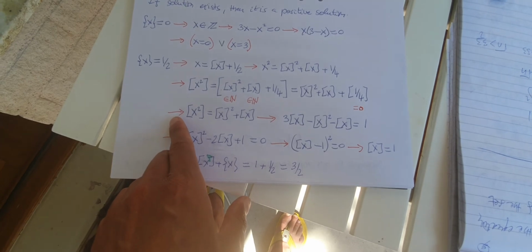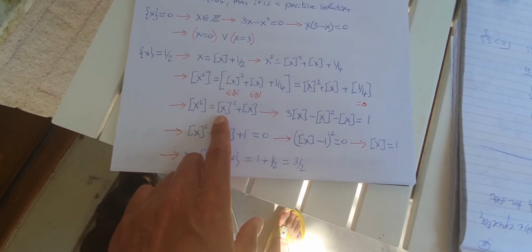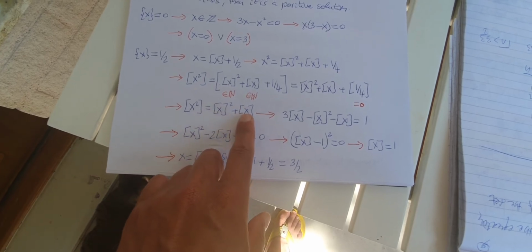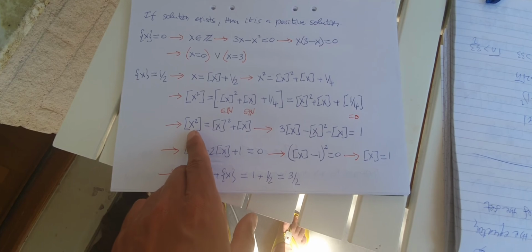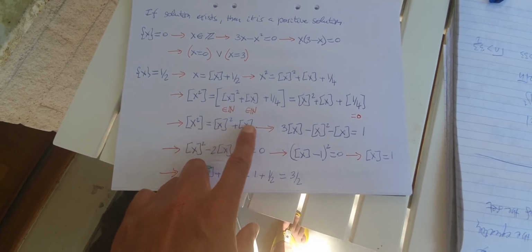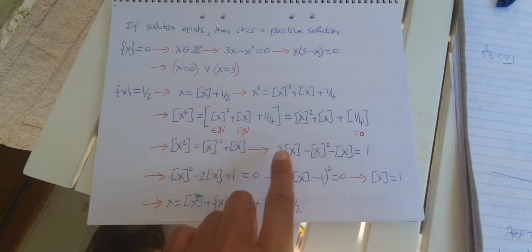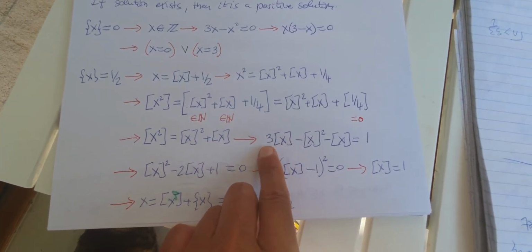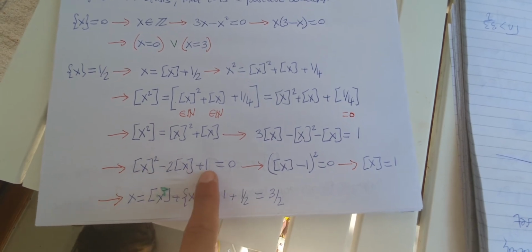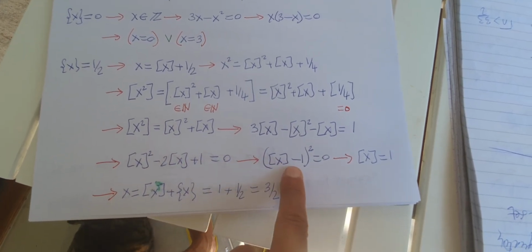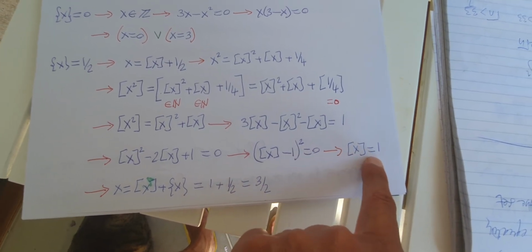So the integer part of x squared is equal to the integer part of x squared plus the integer part of x. Okay, now I substitute this one by the right-hand side in the equation, and the equation becomes like this. Rewriting, we get this. Rewriting, we get this. And this gives us that the integer part of x is 1.